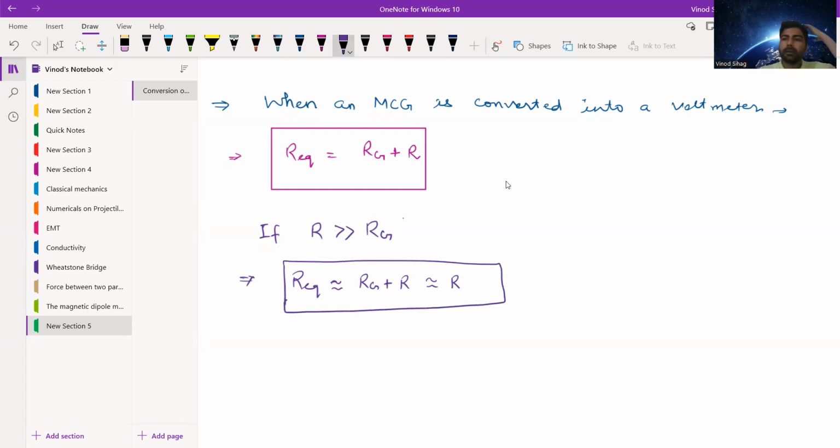Or we can say it is equal to the value of the higher resistance, and that's what we wanted in the case of a voltmeter, because a voltmeter always has a very high value, near infinity, in the mega ohm or giga ohm range. So that's why we have to connect a very high resistance in series. So that's how one galvanometer can be converted into an ammeter and a voltmeter.